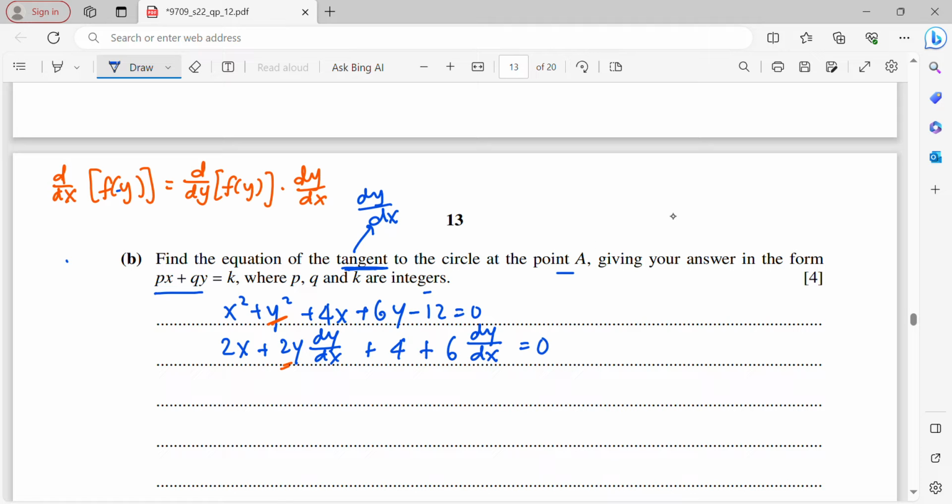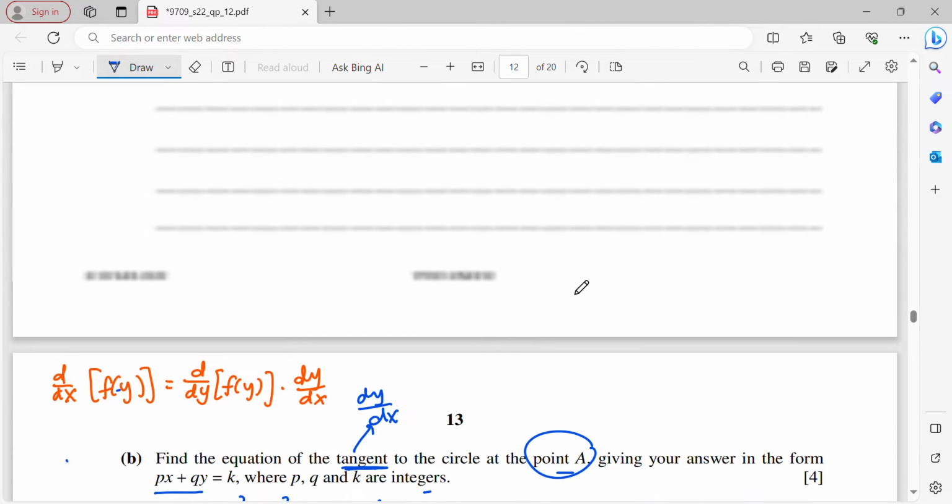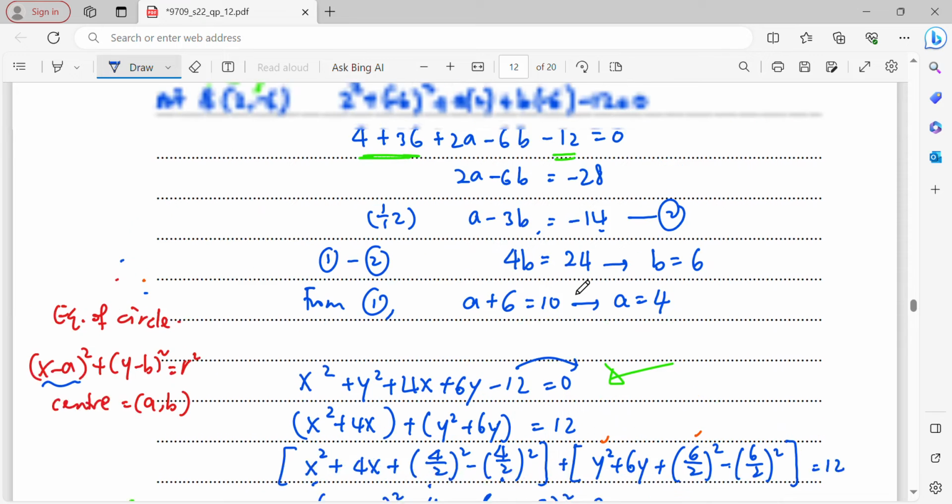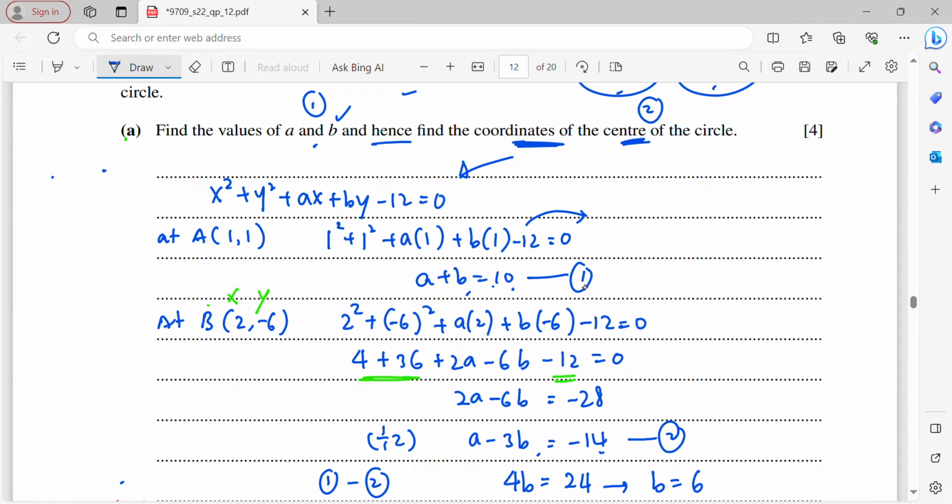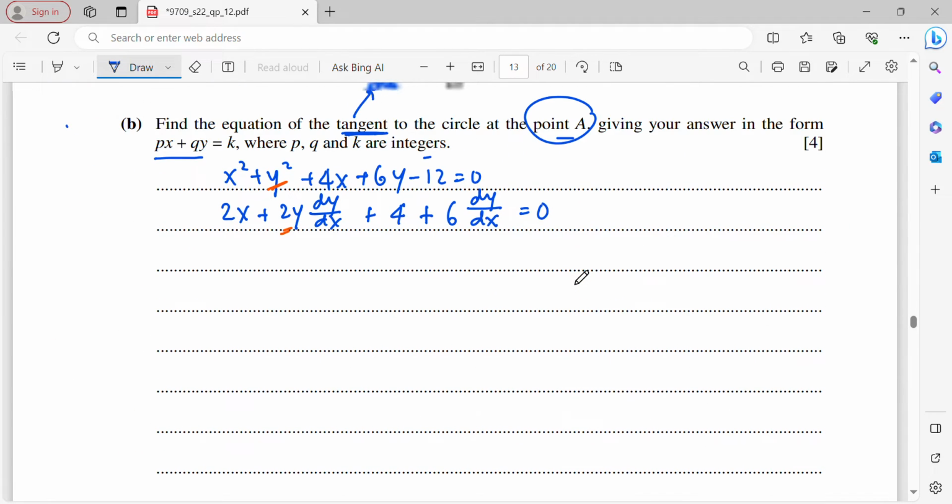Okay, so now at the point A. After you get this, you can just directly replace the point A coordinates. The point A is with coordinates (1, 1). So now I will substitute x by 1 and y by 1. So when I replace, 2 times 1 is 2.